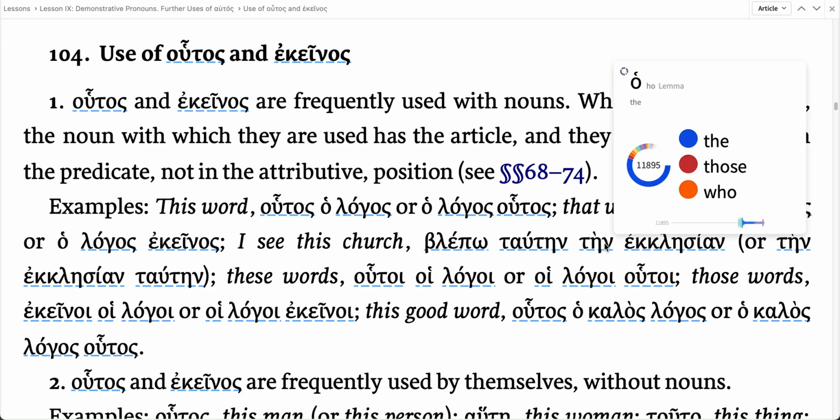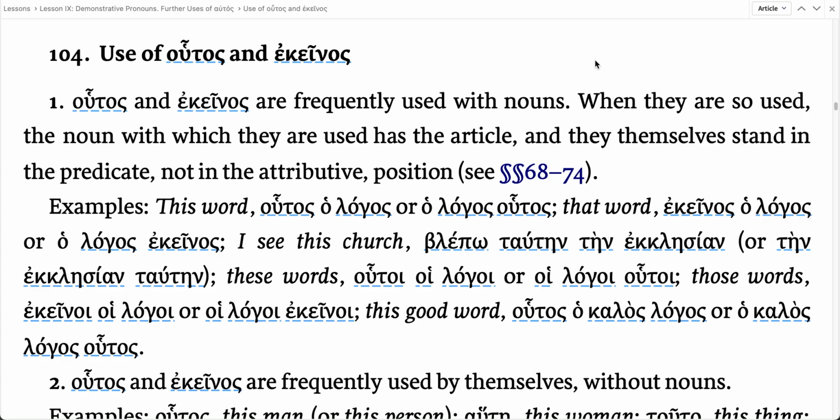So sometimes you can have the word this without a noun, but one of the uses is that it comes frequently with a noun that it modifies to specify it even more. So here's these words, houtoi hoi logoi. So we have a plural noun, and we see the houtoi with it. So these words, or those words, ekeinoi hoi logoi, or hoi logoi ekeinoi.